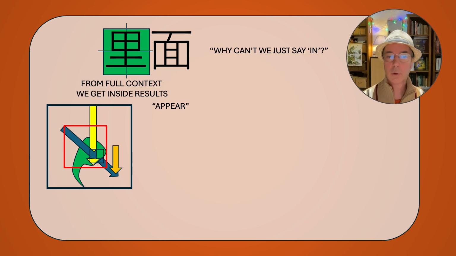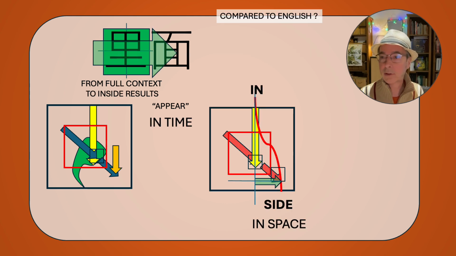And then you could still wonder, why do you need two characters to say something? You have here, from the full context, the inside results that appear. Isn't it easier to just say "in", then we know already where it is? We don't even do that in English. And that's where I will make the comparison.